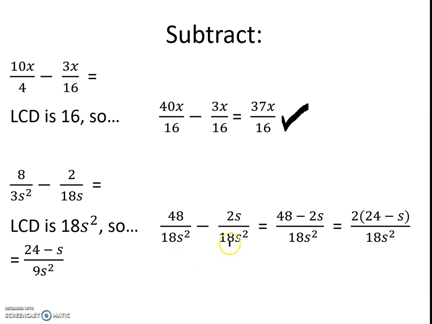Now that we have the common denominator, we go 48 minus 2s on the numerator divided by 18s squared. We can factor out a 2 out of that 48, and we get 24, and 2 out of 2s, and we get a negative s. And then we finally cancel that 2 into the 18, and we're left with 24 minus s over 9s squared.